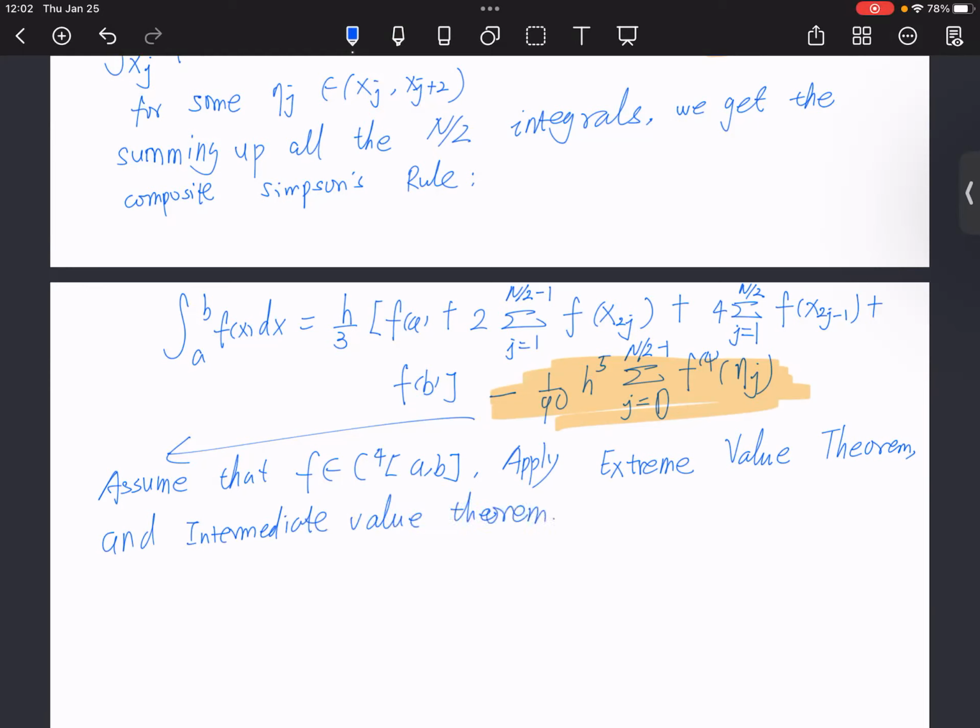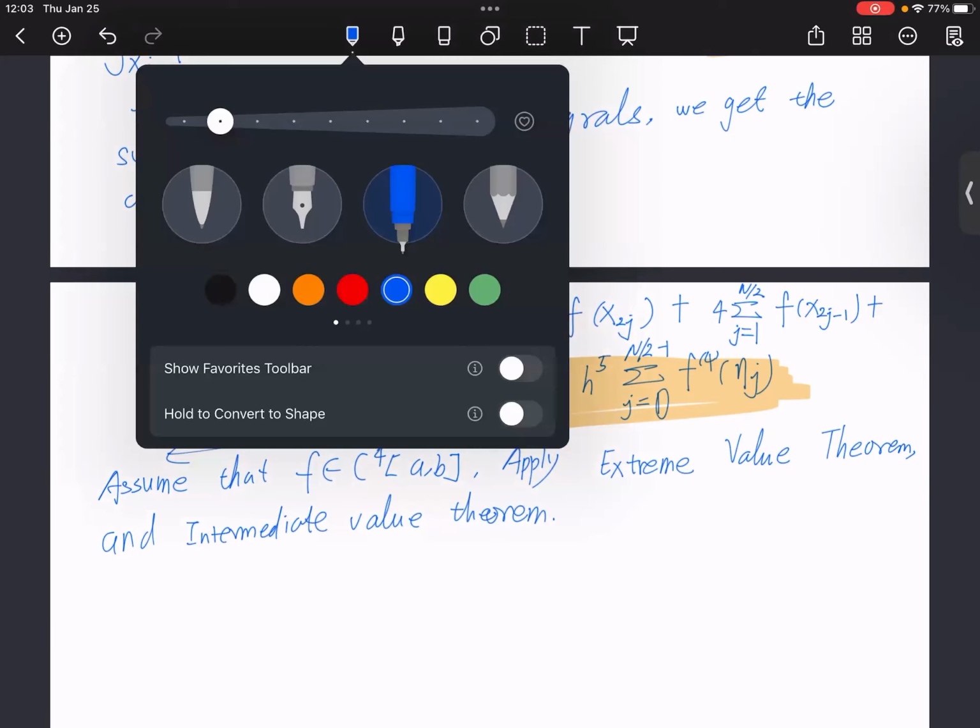What we get is, let's rewrite these terms in this way.